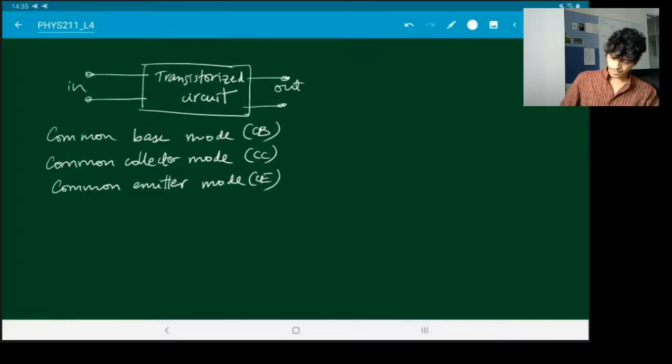What would a typical circuit look like? Suppose I'm talking about the common base mode. Then my circuit might look something like this. This is base, collector, emitter. I'm talking about NPN transistors.